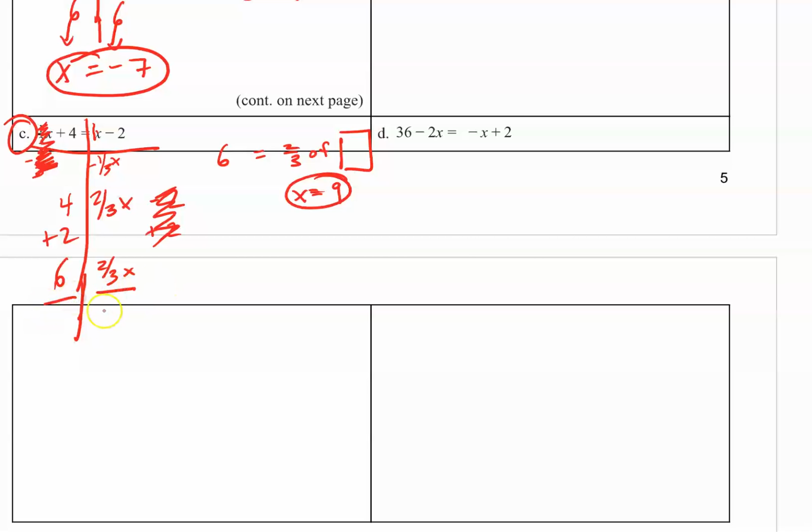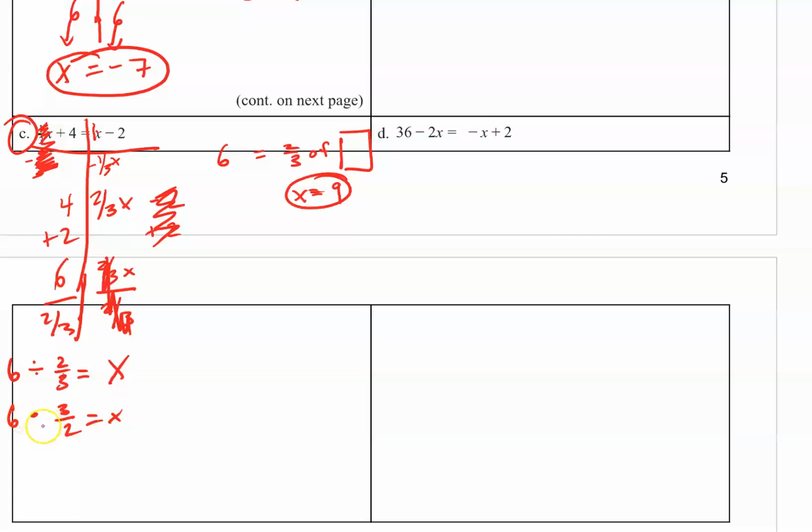So if you divide both sides by the number in front of x, you're actually dividing by 2/3. So this is going to get crazy. So these 2/3 cancel, leaving x. On the left side, we have 6 divided by 2/3. Now I forget when they teach this, but when you divide by a fraction, what you do is you turn divide into times, and then this guy goes upside down.